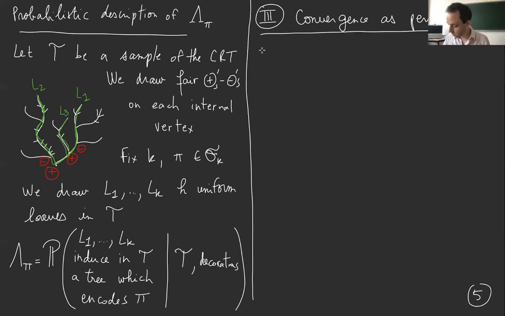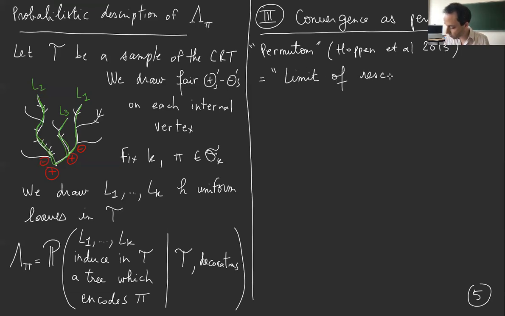So permutons were introduced by Hoppen et al. in 2014. And in a nutshell, a permuton is a limit of rescaled diagrams of permutations.